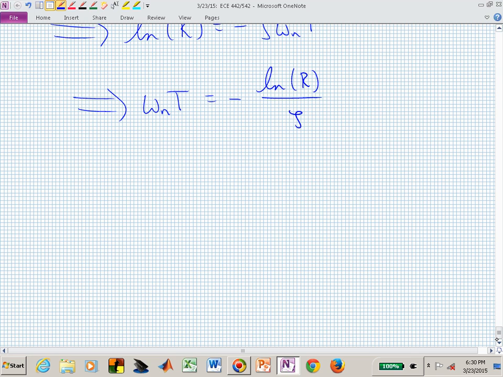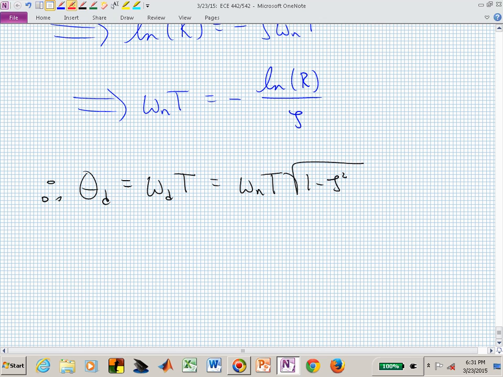But we know the way that we've parameterized theta sub d. Theta sub d was omega sub d t, but omega sub d was omega sub n square root of 1 minus zeta squared, times t.